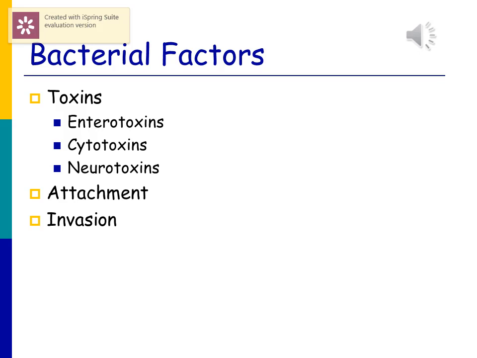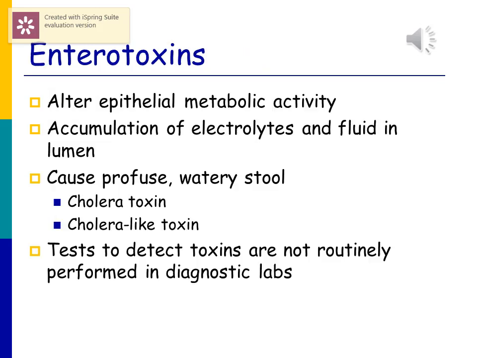Does the bacteria produce a toxin such as an enterotoxin, a cytotoxin, a neurotoxin? Do they have the ability to attach, such as adhesins and fimbriae? And do they have the ability to invade into the cell and cause damage?